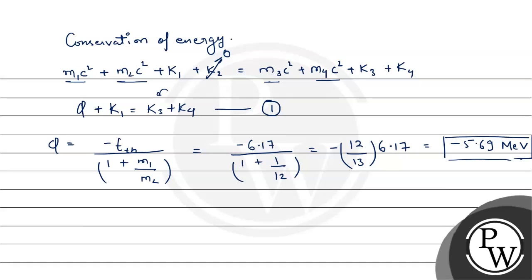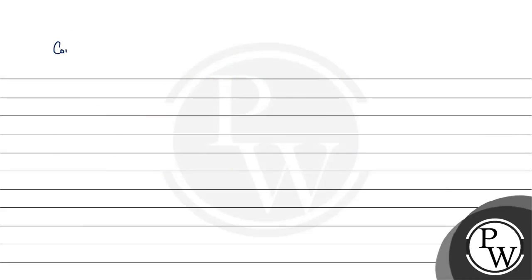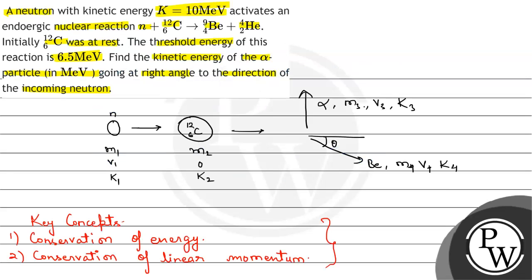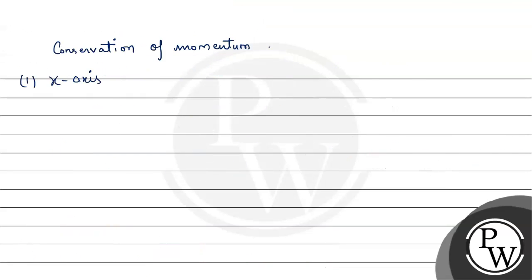Now let us find a further relation using conservation of momentum. So applying conservation of momentum, first on the x-axis. On the x-axis, in the diagram we can see that momentum of the neutron must be there and the x component of beryllium must be there. So its momentum we can write as root 2mK.